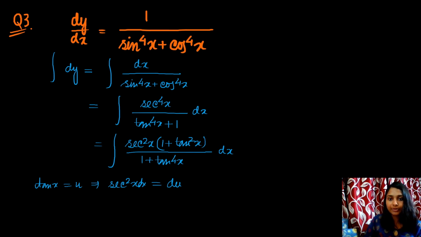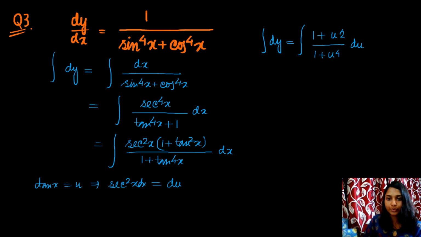Therefore, the integration will take the form y equals the integral of 1 plus u square divided by 1 plus u power 4 du.